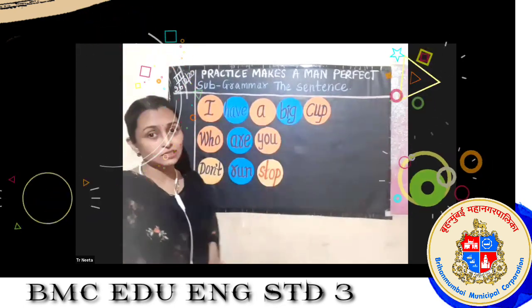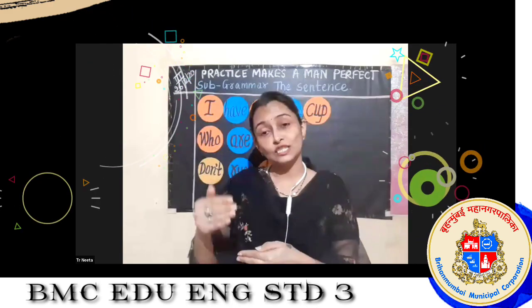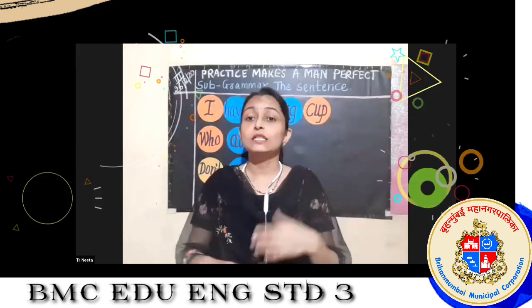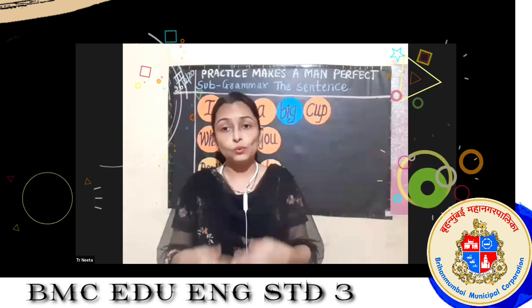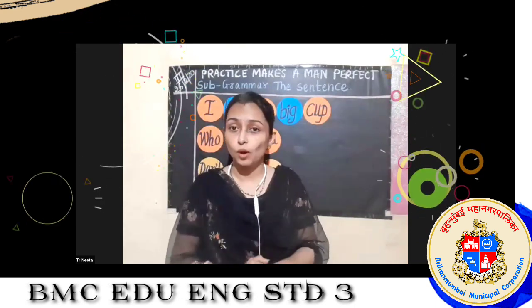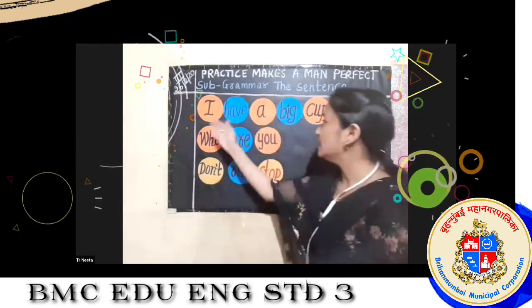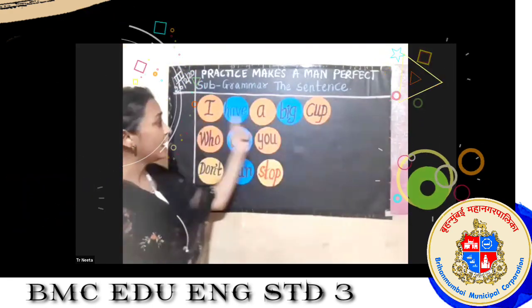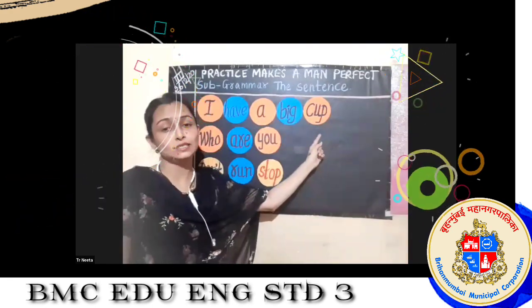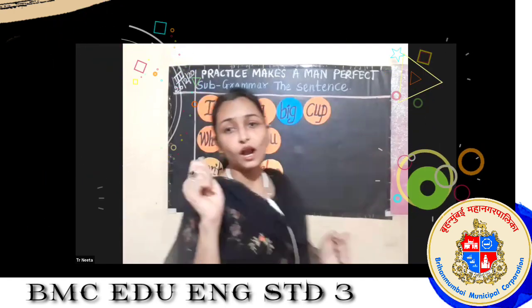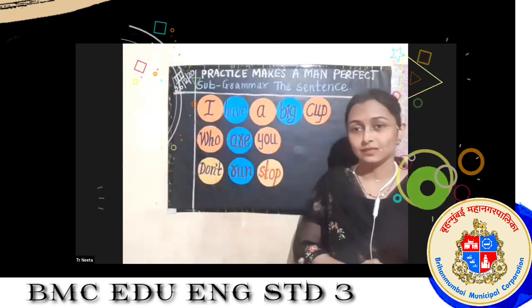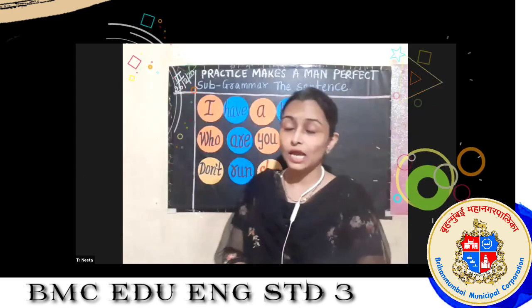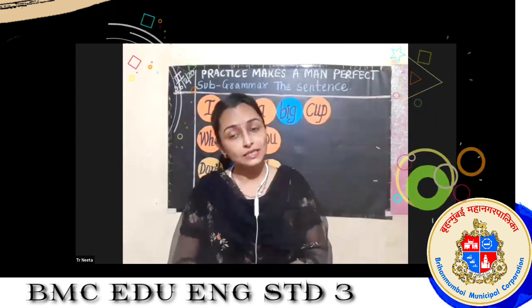Now, the next thing, the second step, is the rules. The rules to make a correct and proper sentence. Still in this sentence, there is something incomplete. Whereas I have written a complete sentence, still we are missing something. What is it? So that is the first rule I'll tell you of a sentence.